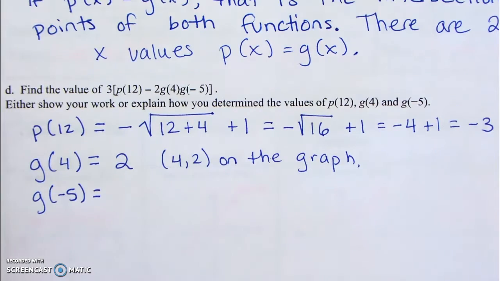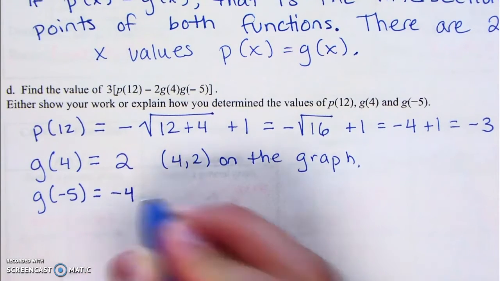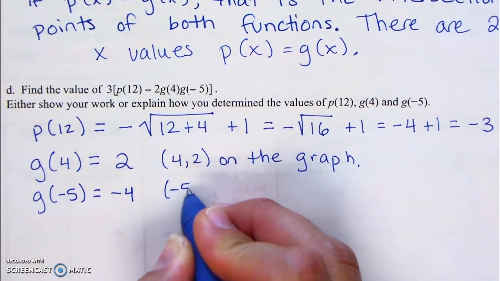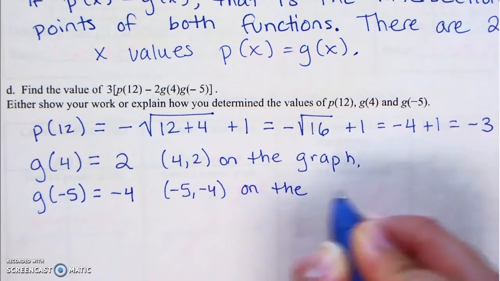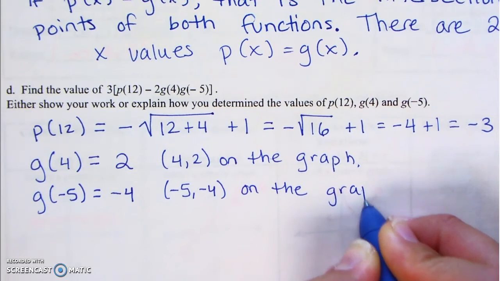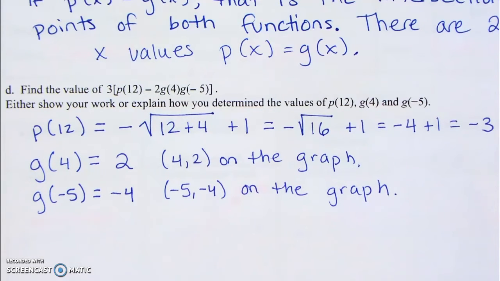What's g of negative 5? So we're looking at the graph, and you go to x equals negative 5. Is it negative 4? Okay, and how did we find that? We looked on the graph. Okay, that's all the prep work.